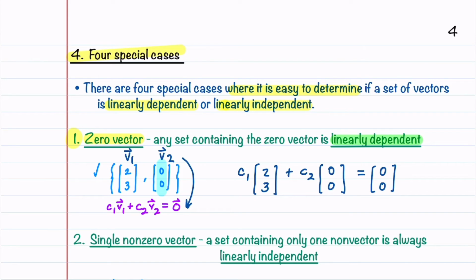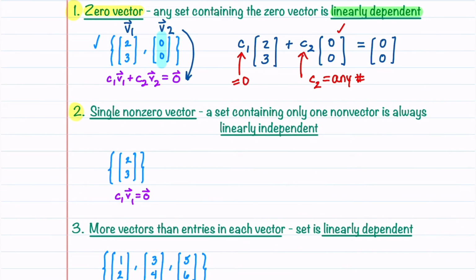This equation will have a solution if c1 is equal to 0, but we don't have to have c2 equal to 0 because we have the 0 vector right there. So c2 can be any number. And because of this, we have a non-trivial solution and our set of vectors is linearly dependent.